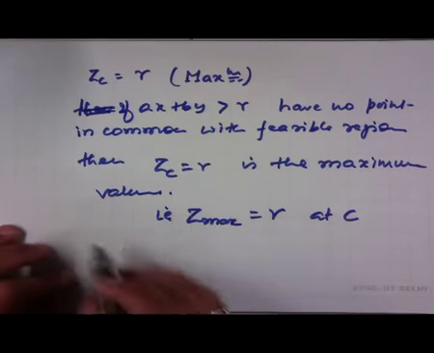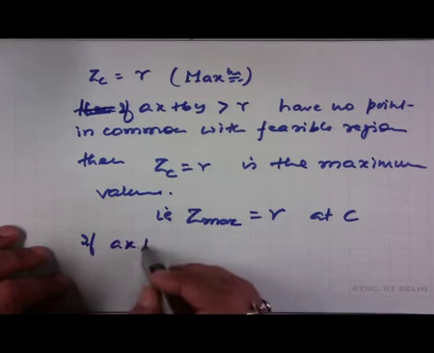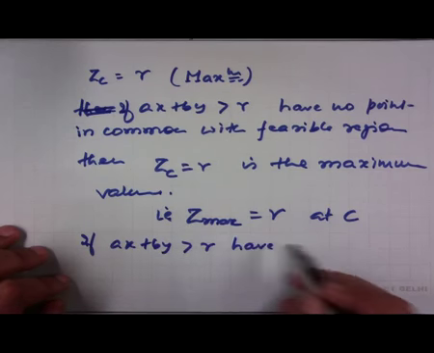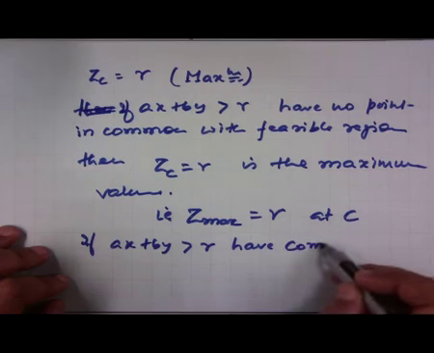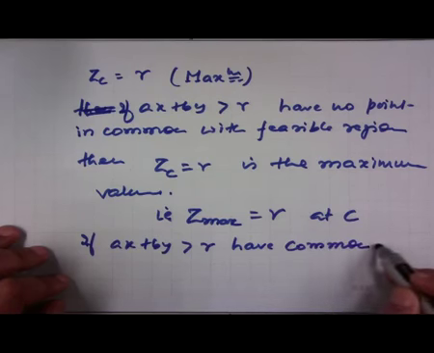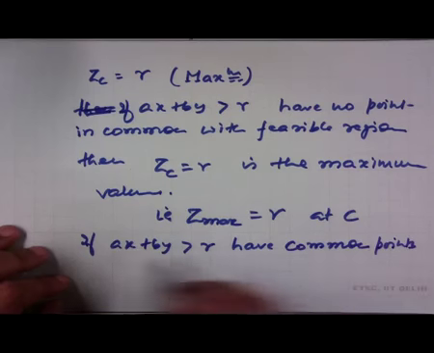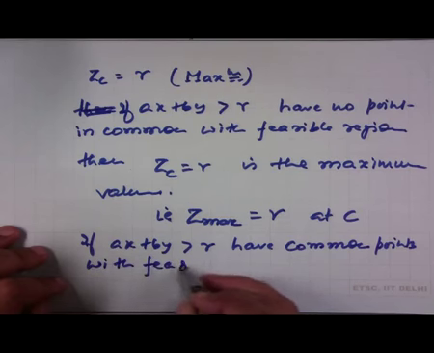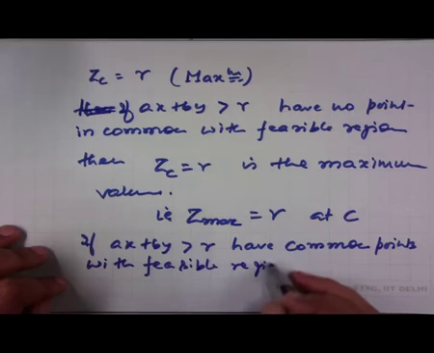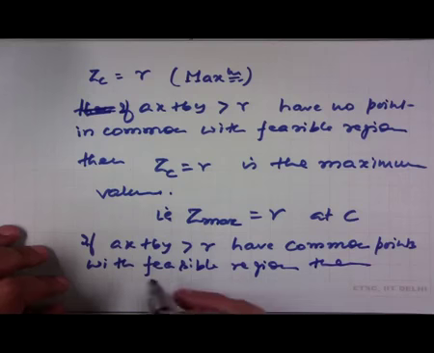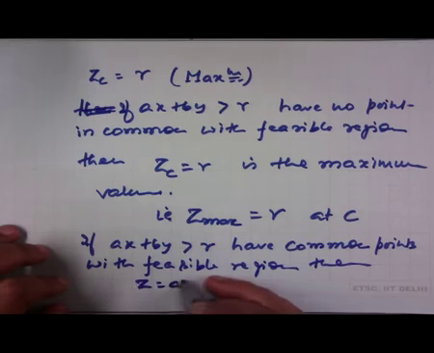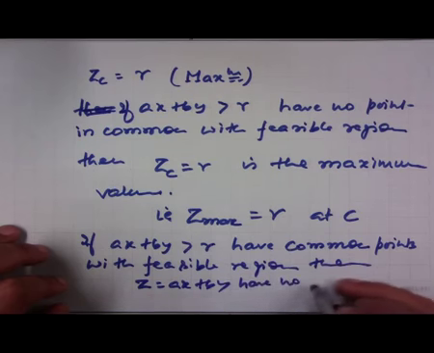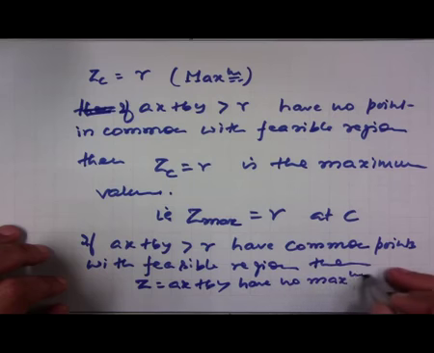And if Ax plus By greater than R has common points with the feasible region, then z equal to ax plus by has no maximum value.